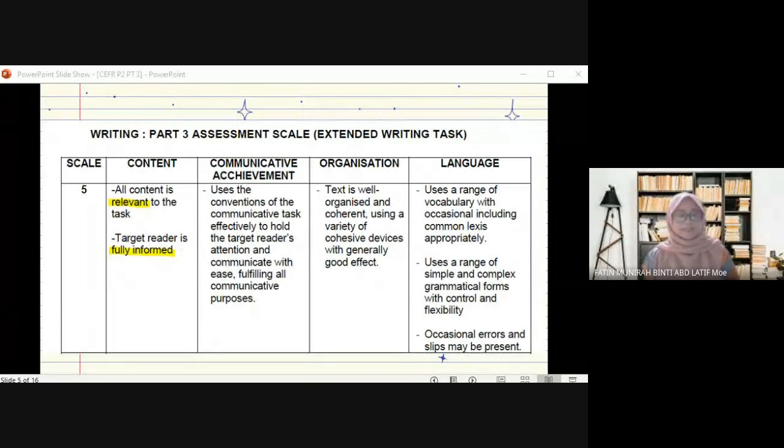Tapi kalau perkataan yang common, perkataan yang biasa digunakan, awak salah, itu dikira gross error, kesalahan yang berat lah. Tapi dia takkanlah sampai dalam satu esei tu awak salah satu spelling, dia akan terus turunkan kepada 5, kepada 4 dan ke bawah. Tak. Dia akan tengok keseluruhan esei. Kalau banyak sangat, baru dia turunkan band markah.